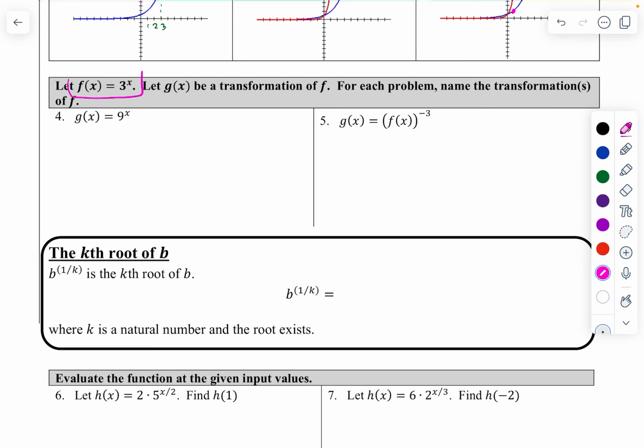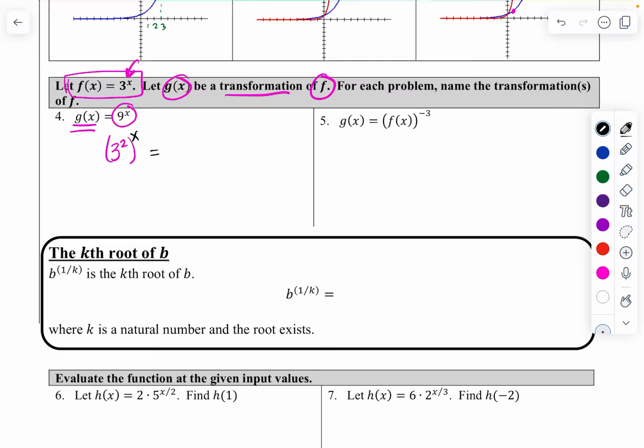So if f of x is the exponential function 3 to the x power, let's let g be the transformation of that function f. Remember, if g of x is a transformation, we need to think about how I can get 9 to the x back into the terms of 3 to the x. So how can I make this 9 into a 3? Well, I know 3 squared is the same as 9, and that x is still there.